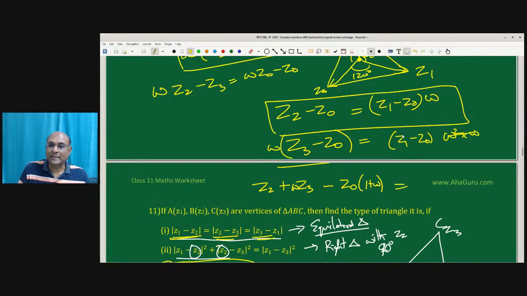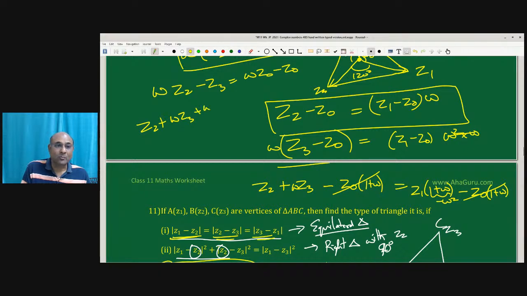So if I look at this, I get Z1 into 1 plus omega minus Z0 into 1 plus omega. So this will cancel out, giving you only this. But 1 plus omega is minus omega square. So if you take it to that side, you will get Z2 plus omega Z3 plus omega square Z1 is 0.